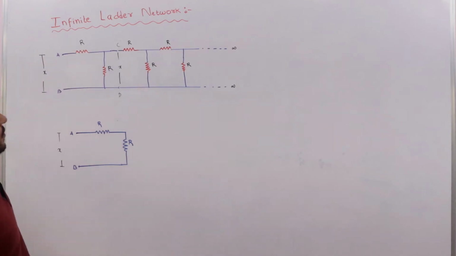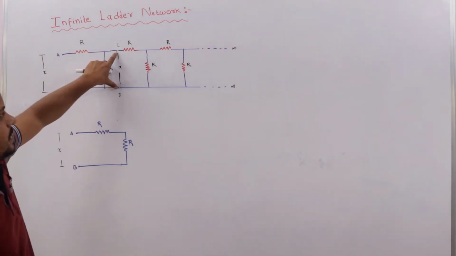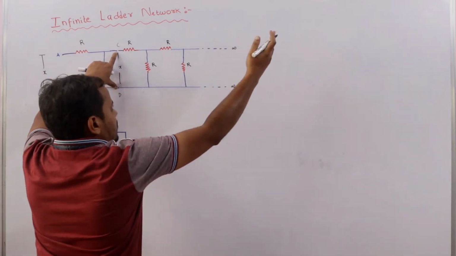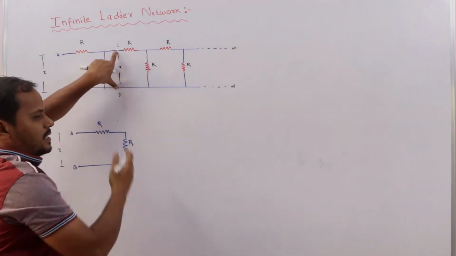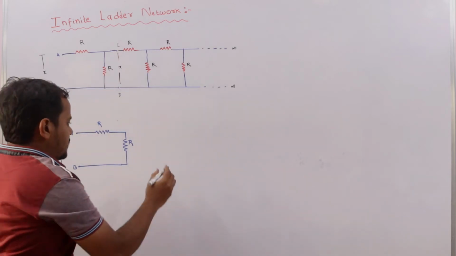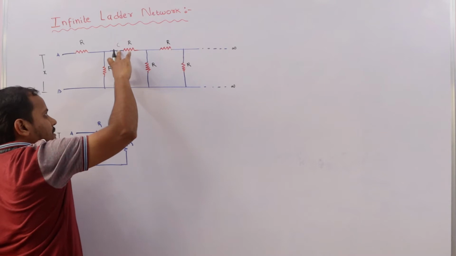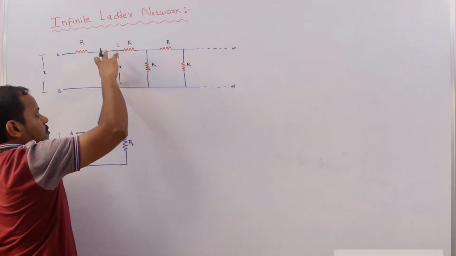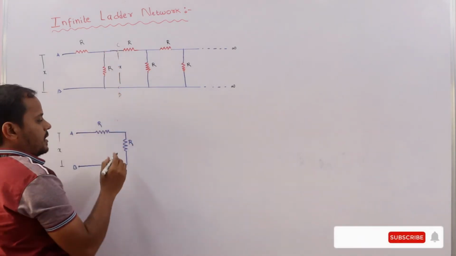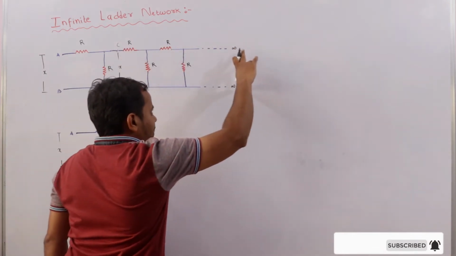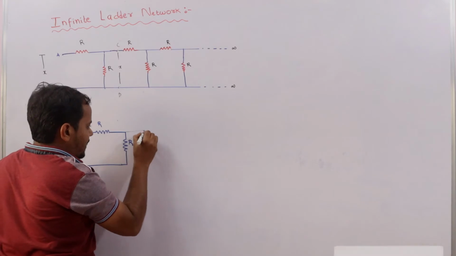Thinking up to points C and D, again this circuit is an infinite circuit, so infinity to points C and D has the same resistance. So between C and D, the equivalent resistance is X. This X is connected in parallel with R.